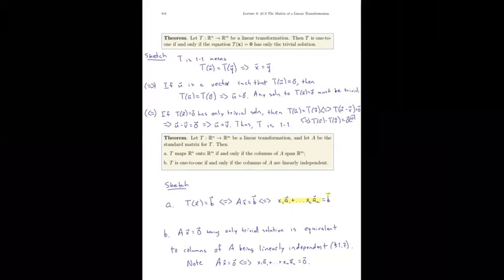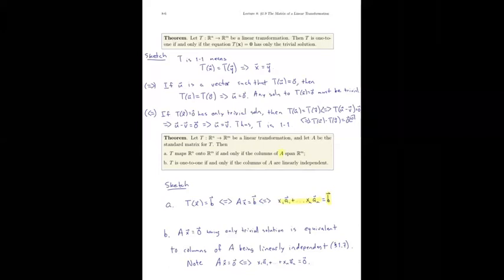So this translates us from T being onto, which means that for every b, we can find an x such that T of x equals b. Well, that's the same as saying that there's a linear combination of the columns of A that's equal to b. So for any b in Rm, we can find a linear combination of the columns of A that's equal to b.